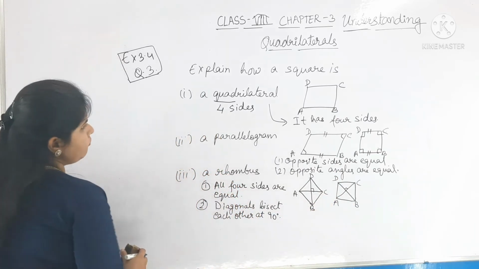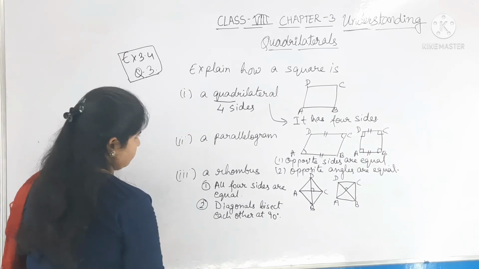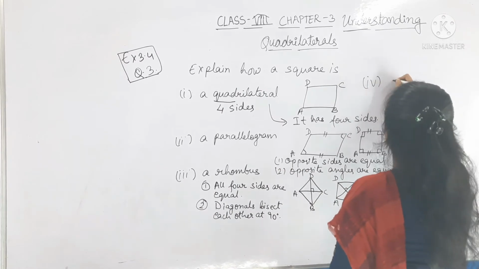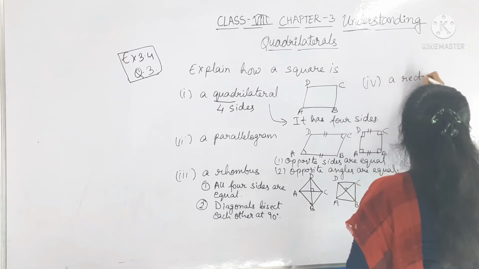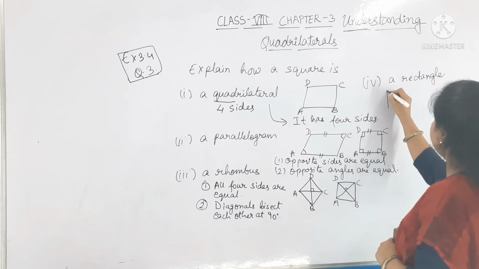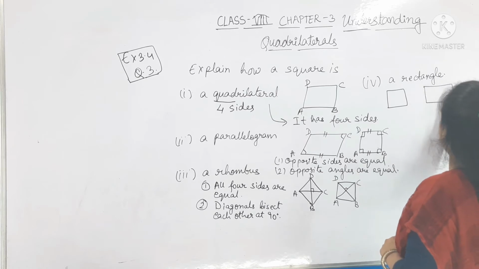Now the number 4 part is how a square is a rectangle. You can see here, this is a square and this is a rectangle.